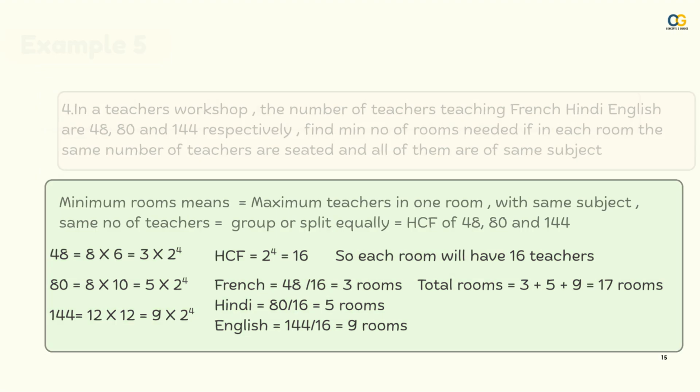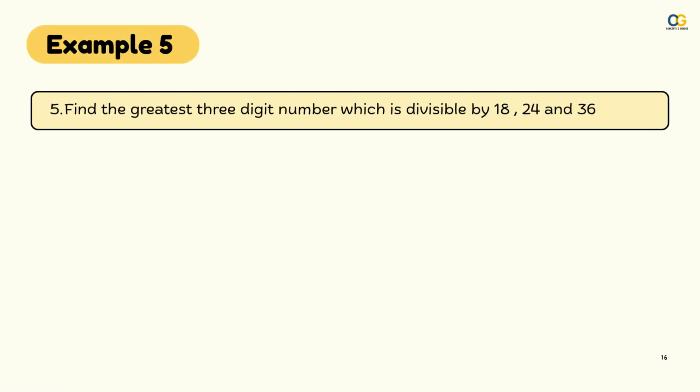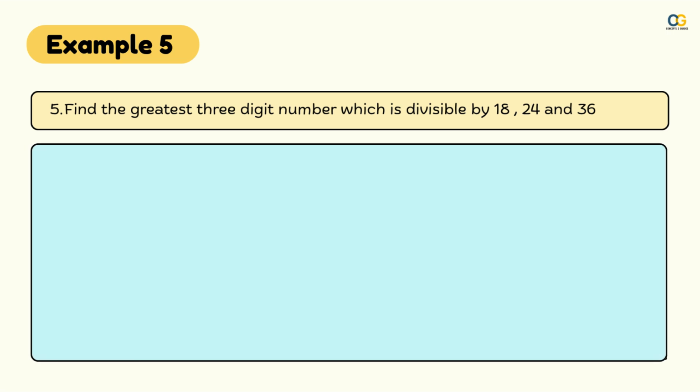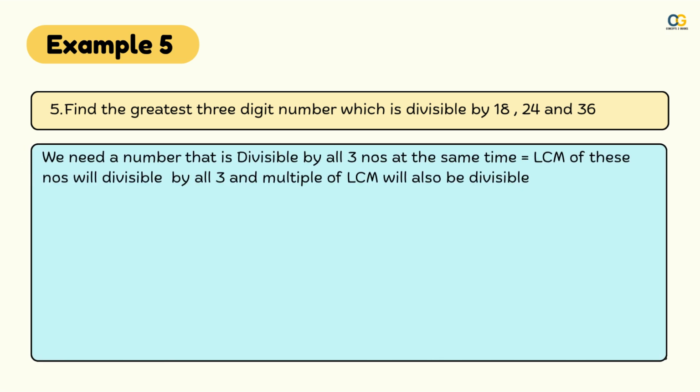Next question. Find the greatest 3-digit number which is divisible by 18, 24 and 36. Again, let us not get carried away by the word greatest and understand the question clearly. We need a number that is divisible by all 3 numbers at the same time. The LCM of these numbers will be divisible by all 3, and the multiples of the LCM will also be divisible.